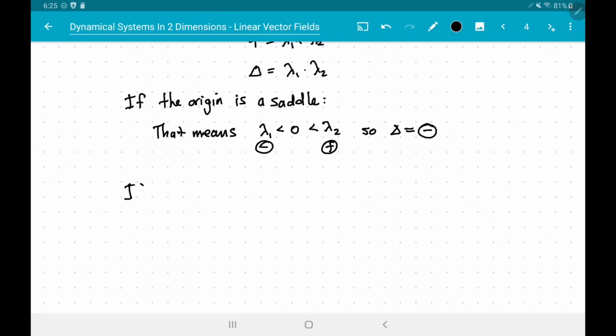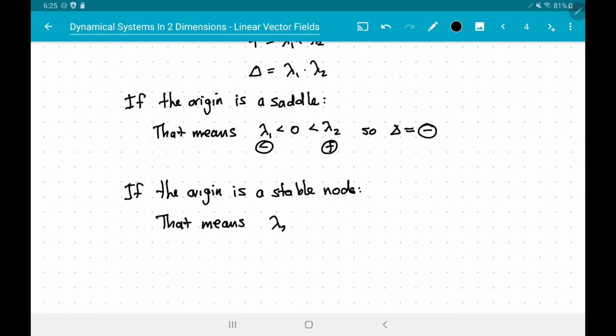Okay, if the origin is a stable node, that means that both eigenvalues are negative. They're real numbers and they're negative. So the determinant is positive.